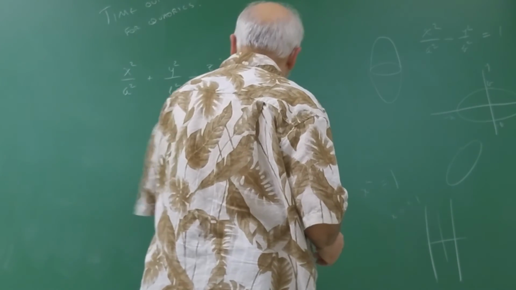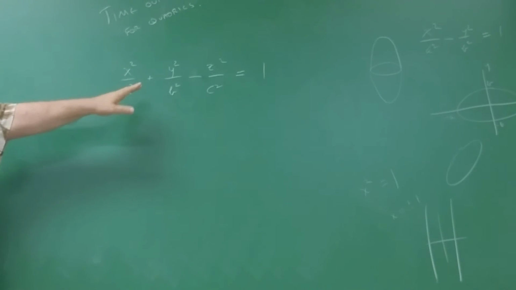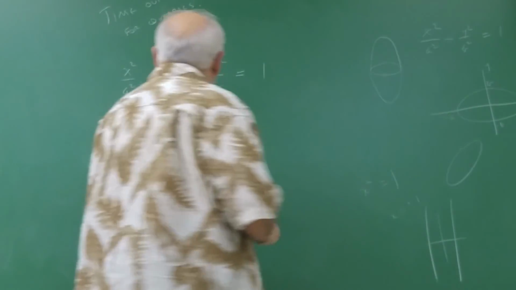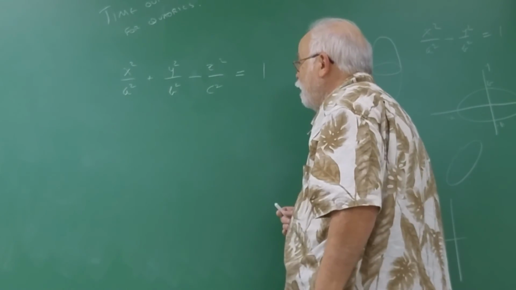So with all pluses, it's called an ellipsoid, but now what's it going to be called? A cone, a circular cone. And again, if a and b are different, it won't be circular, it'll be an elliptical cone.